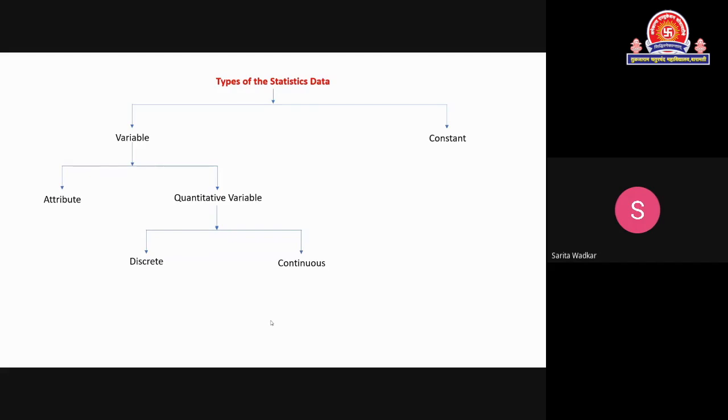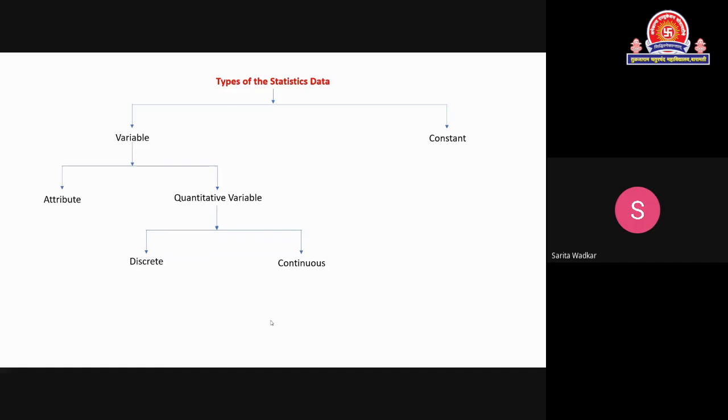Percentage we can also call it, but we never say it is 120%; it is up to 100%. So it goes from 0 to 100%. The value can be 80%, 90%, but it comes between 0 and 100, and the same goes for rates.